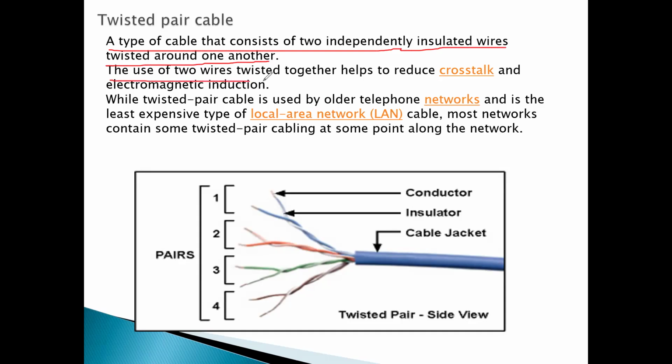The use of two wires twisted together helps to reduce crosstalk and electromagnetic induction. Twisted pair cable is used by older telephone networks and is the least expensive type of local area network cable. Most networks contain some twisted pair cabling at some point along the network. So basically, this is the twisted pair cable used in computer networks.